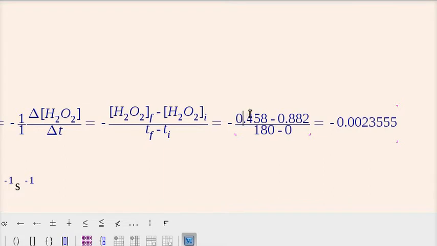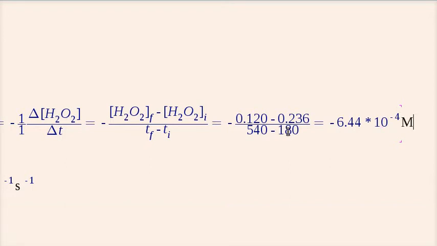So this becomes negative 6.44 times 10 to the power of negative 4, and the units will be the same as before: moles liter to the negative 1, seconds to the negative 1. So I'm not going to write this out.